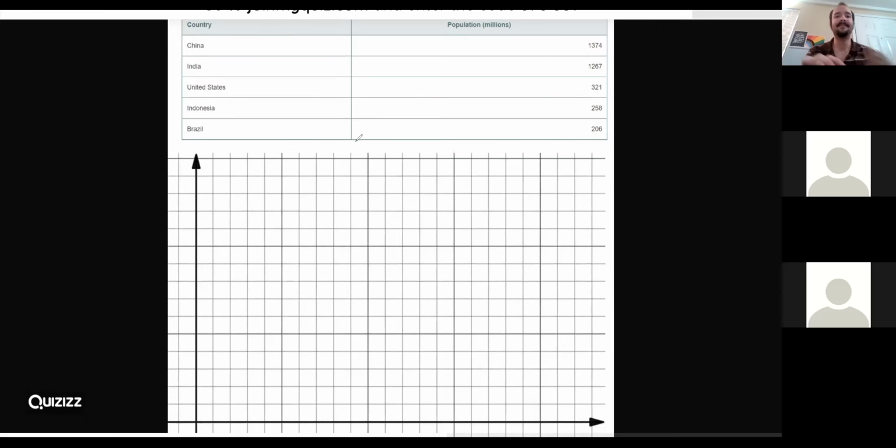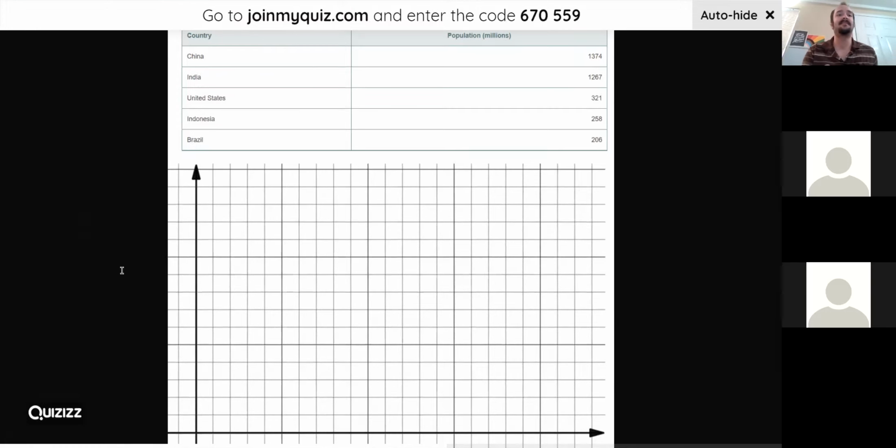That really works. Okay. So I hope y'all can see everything I'm writing. I need labels for my axes. Population and country. And I probably want to say something like world populations, populations of different countries, something that describes what I'm looking at here.